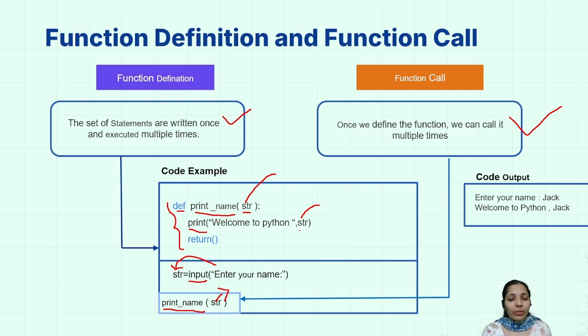If I enter the name Jack, it will print welcome to Python Jack. So this part of the code is the function definition, and this part of the code is the function call. Here the set of statements is written once and can be executed multiple times.